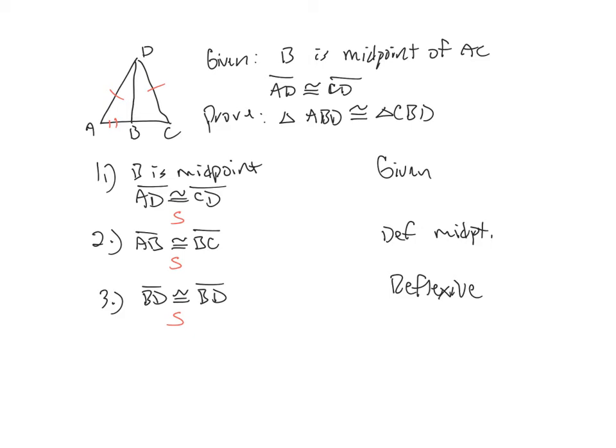I concluded that those were congruent, and then I did reflexive for that middle one. So then triangle ABD is congruent to triangle CBD. Side, side, side.